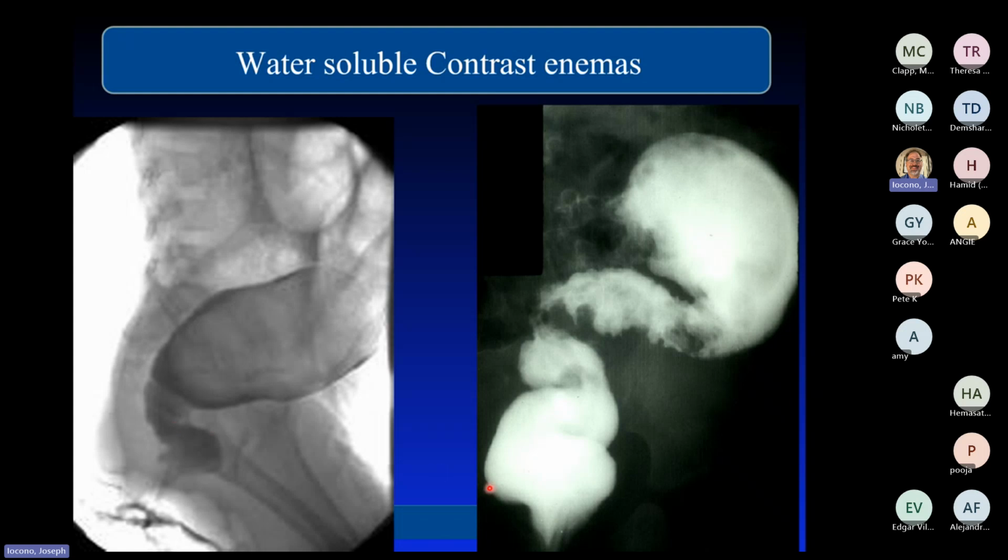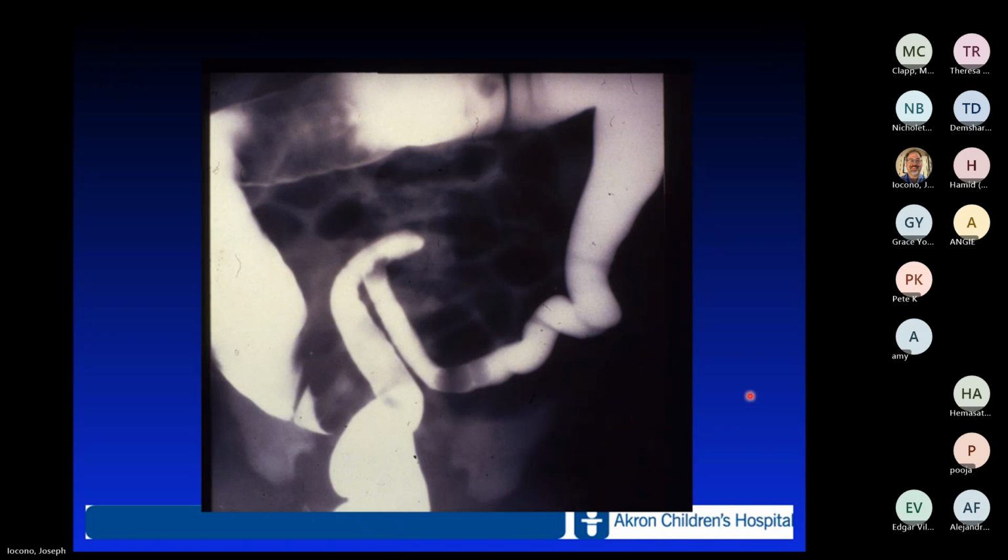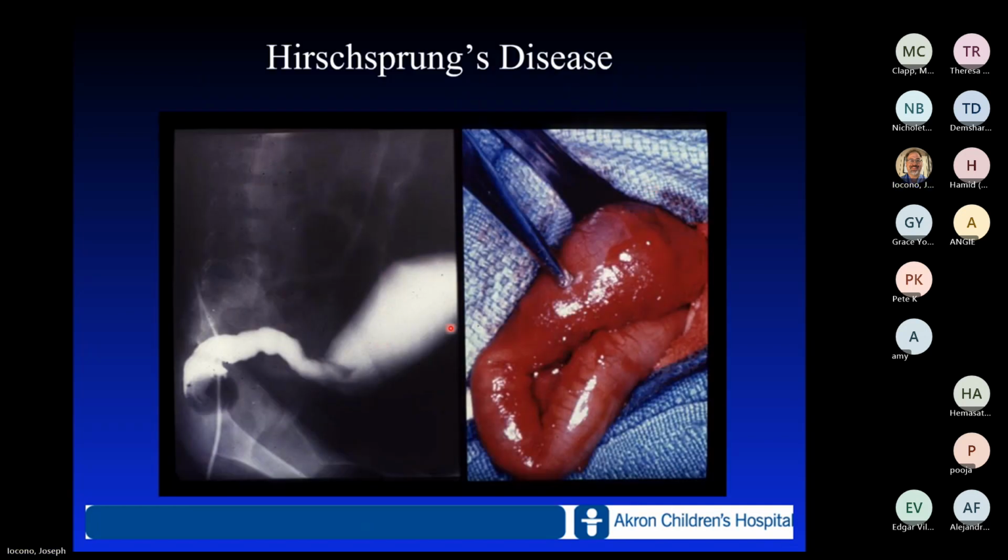This is pathognomonic for Hirschsprung's disease. Another one just saying that this is probably a more proximal transition zone all the way up by the splenic flexure. This is a nice old picture of a transition zone on enema and then a clinical transition zone here to here.